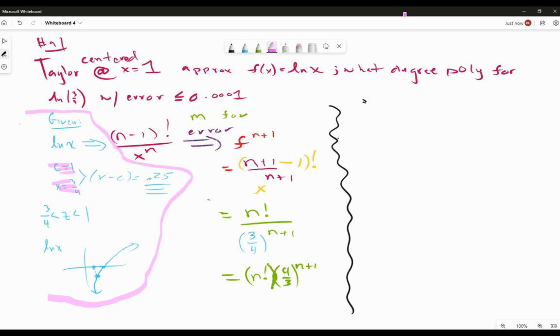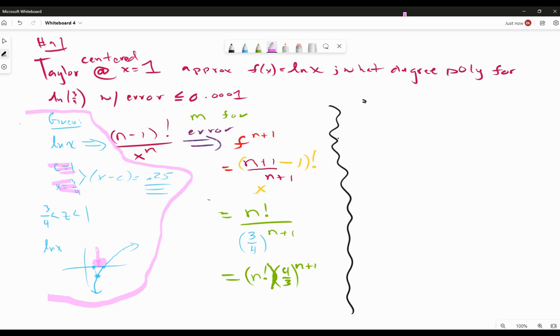Now, what we're looking for is some z value. If you guys remember, z is some value between 1 and 3/4, and I didn't do a very good job drawing that because I'm really horrible at drawing straight lines on this thing. We're looking for some z value in between 1 and 3/4 on a natural log, but we're also dealing with the fact that the error is an absolute value.